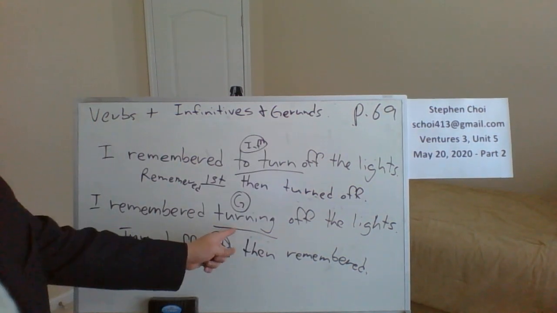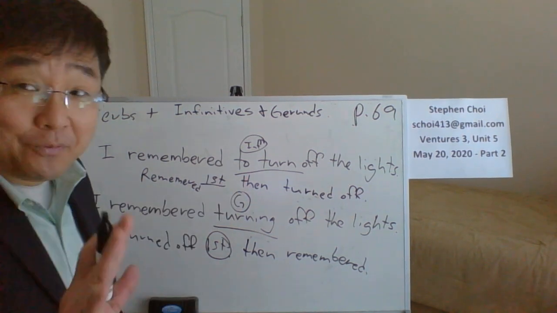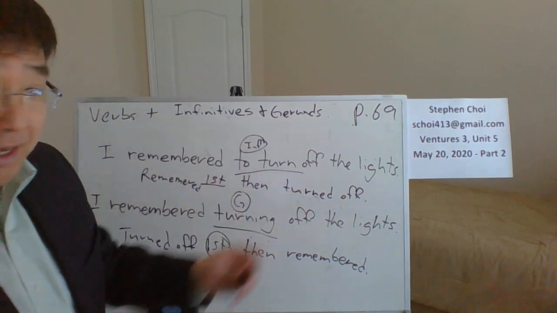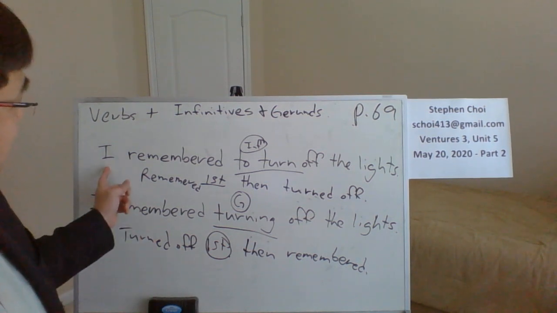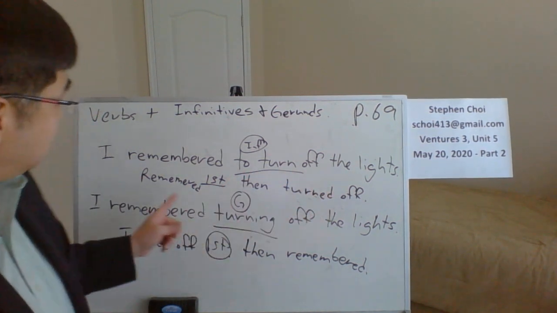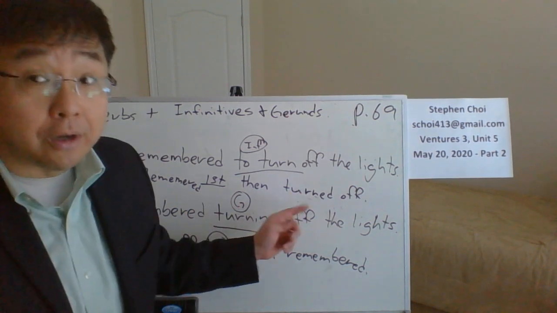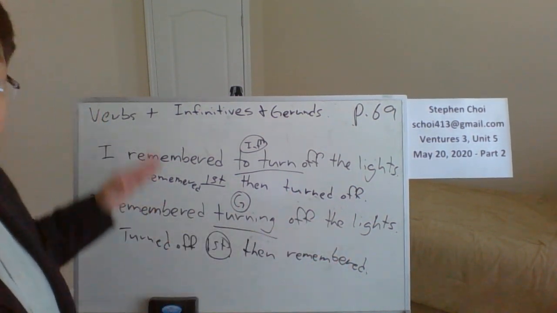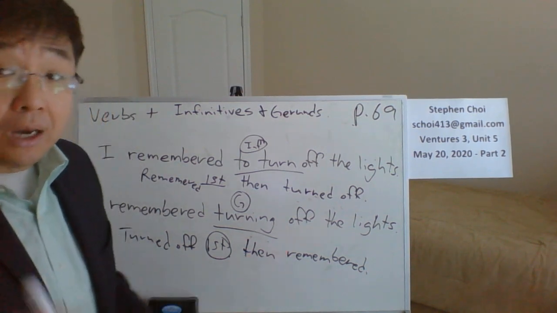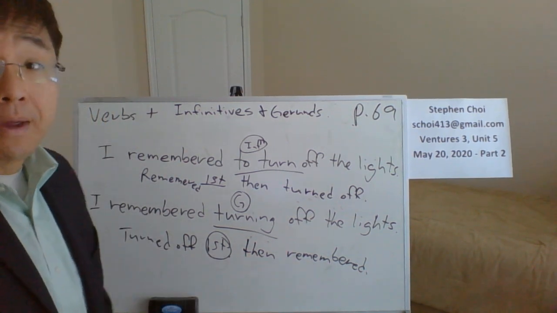So it's a little confusing, right? But read it slowly. You can freeze or pause the video and just look at it. I remember to turn off the lights: you remember first, and then you turned it off. I remember turning off the lights means you turned it off and you didn't think about it, but later you remembered.